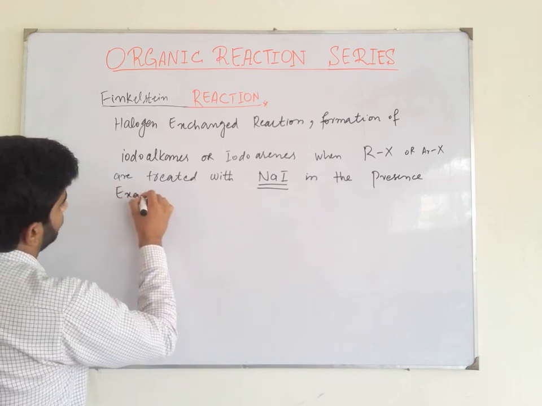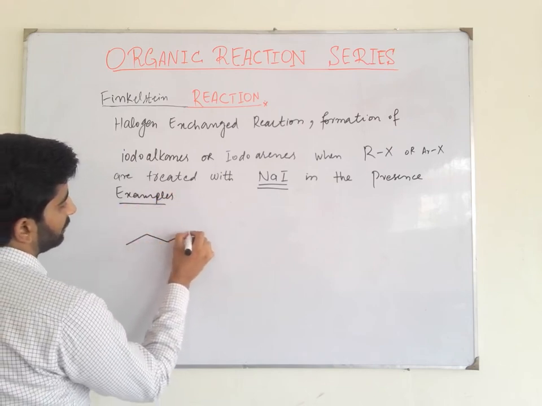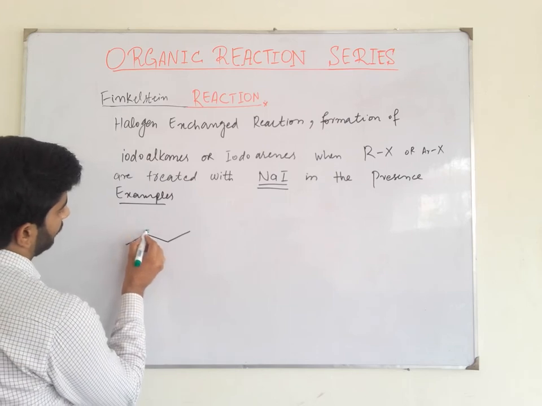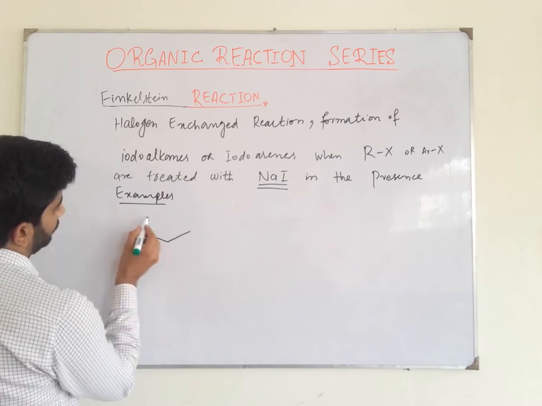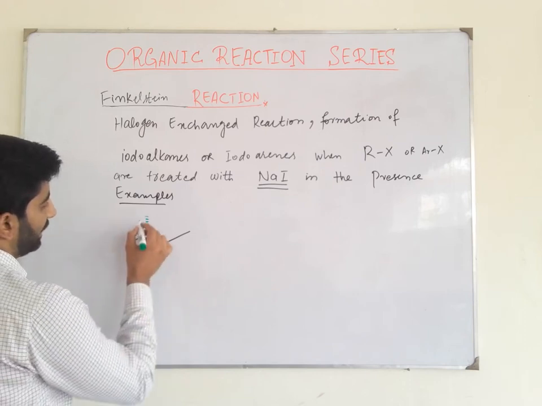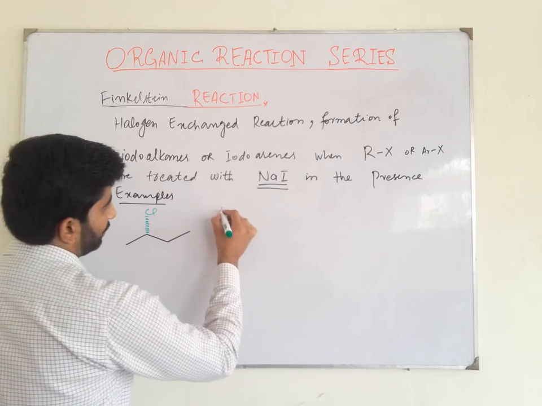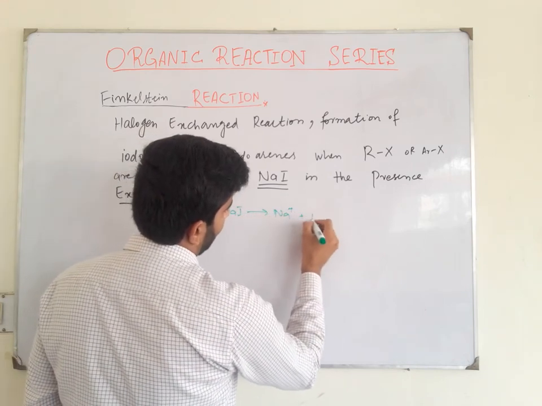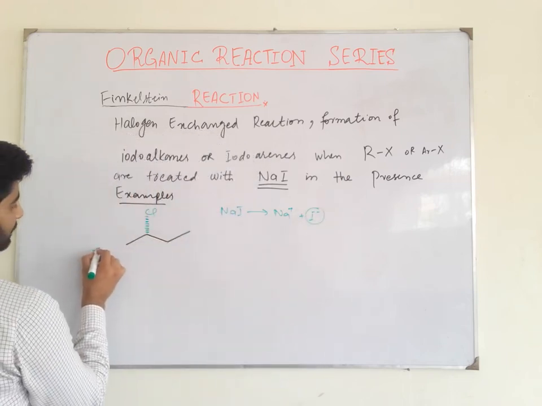Examples. Suppose we have an alkyl halide and sodium iodide, which gives sodium ions and iodide ion. This iodide acts as a nucleophile and attacks from the back side.